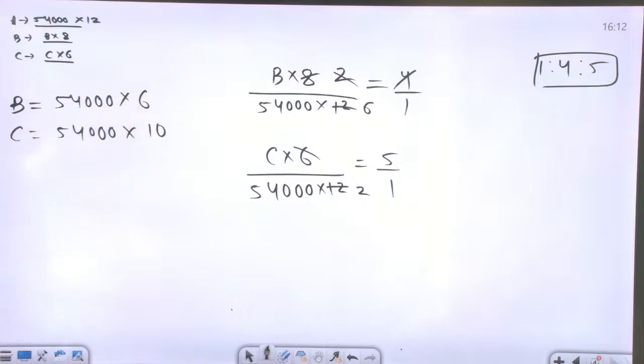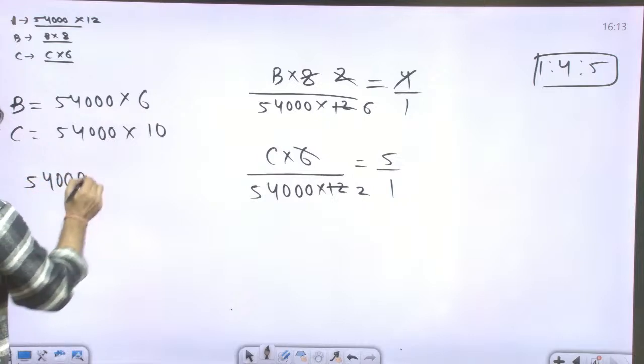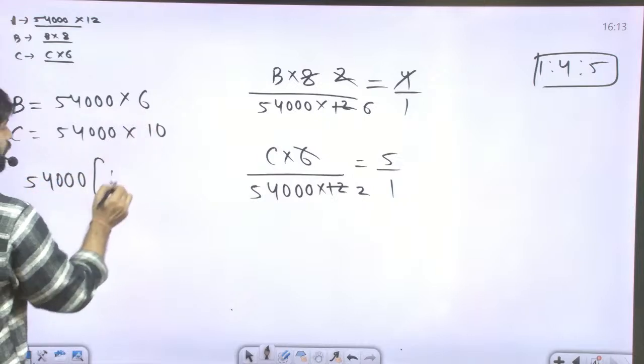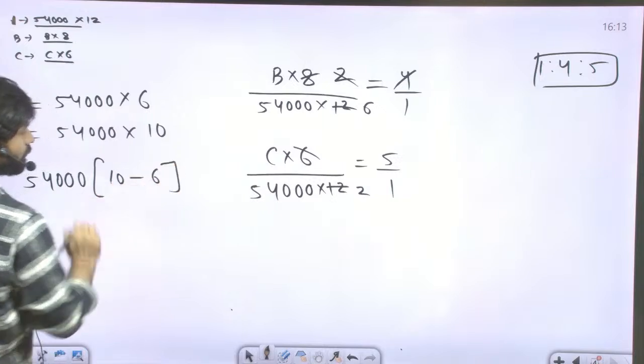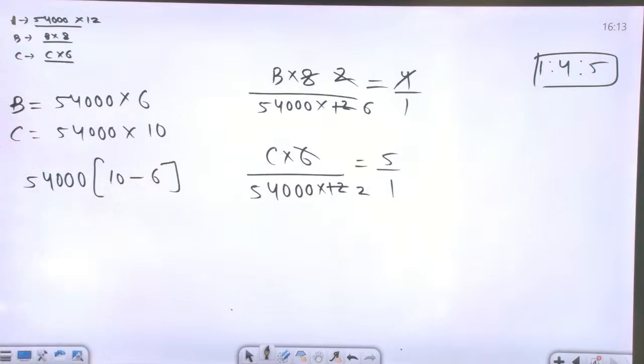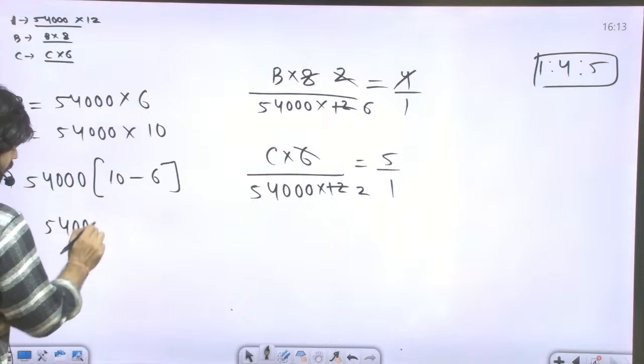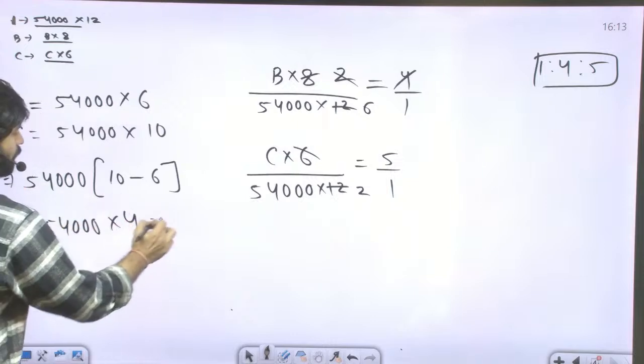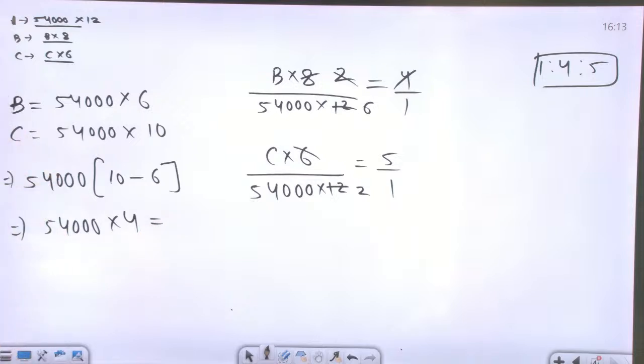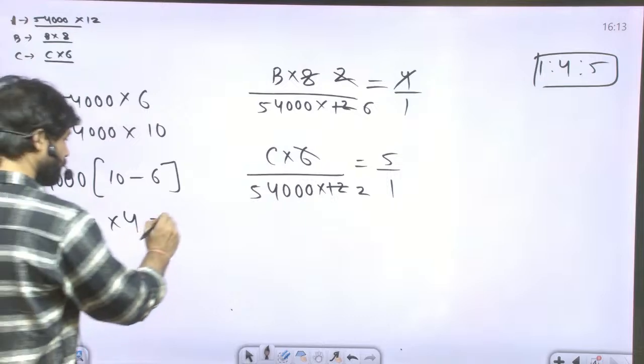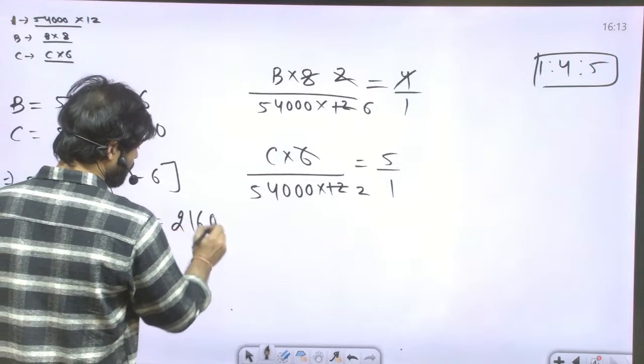So we can take that 54,000 as common, isn't it? So what will be there? 10 minus 6. Now we have to multiply this 54,000 into 4. I think the calculation is really simple now. And the answer is 2,16,000.